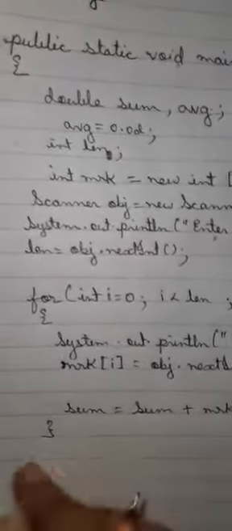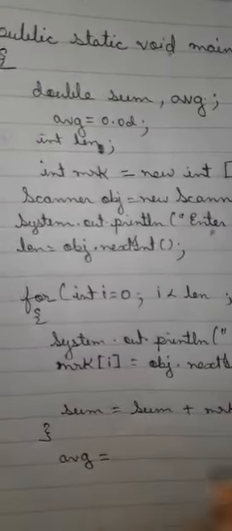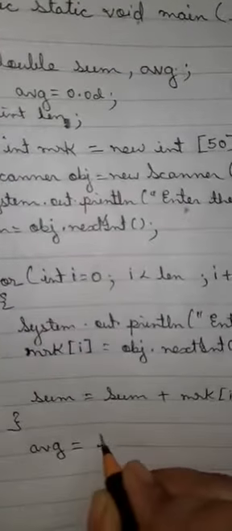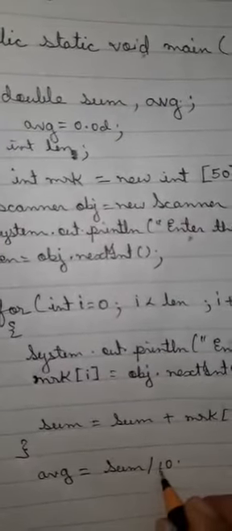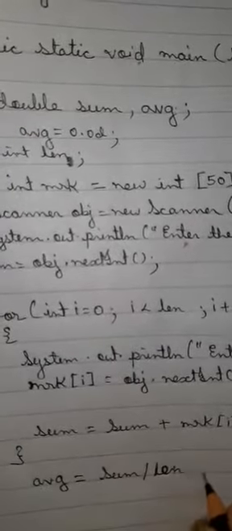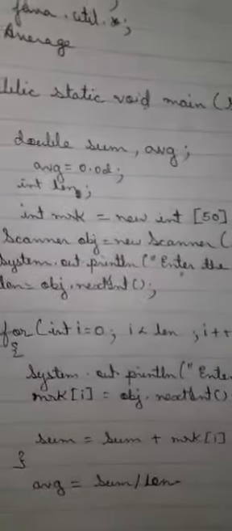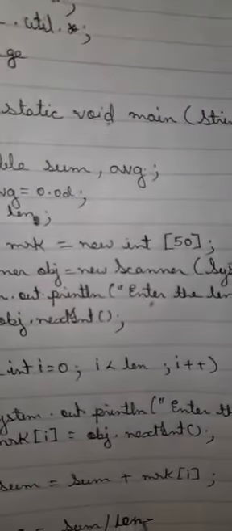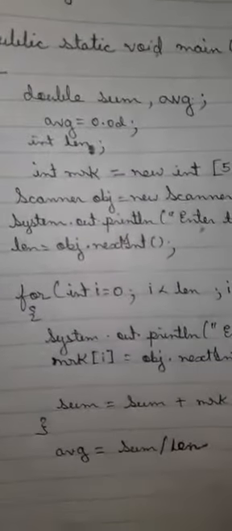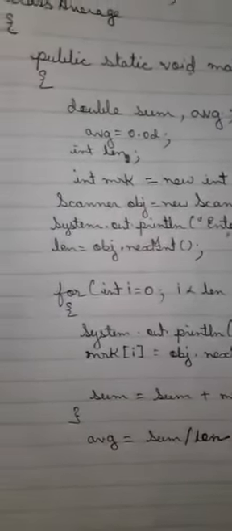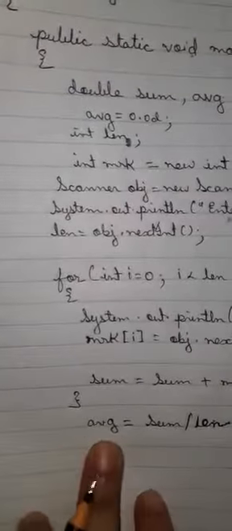After coming out of the loop, we can find the average. average is equal to sum by len. Whatever length we have taken, sum divided by length gives the value. So we have found the average.